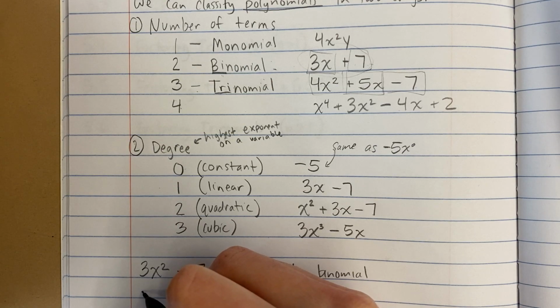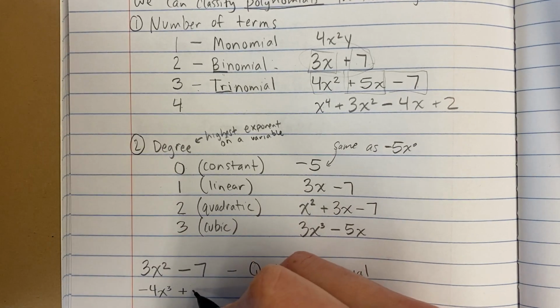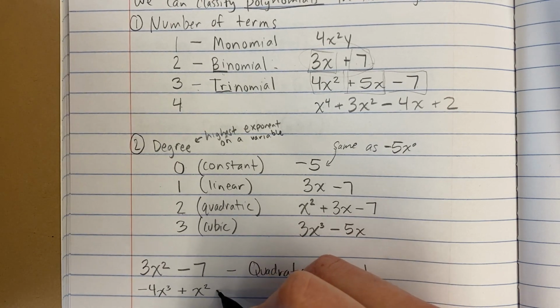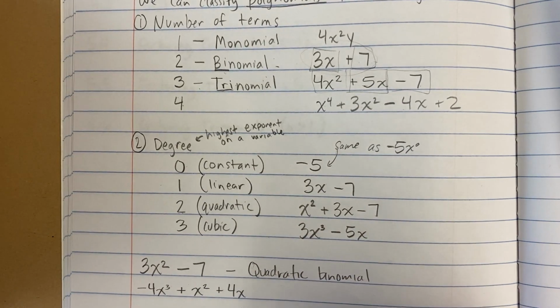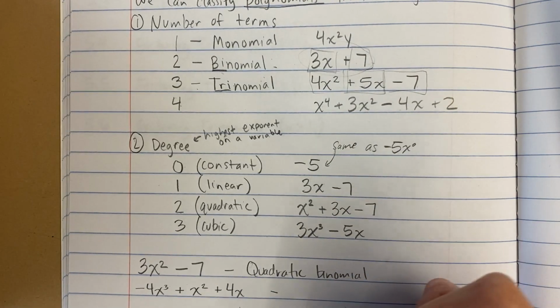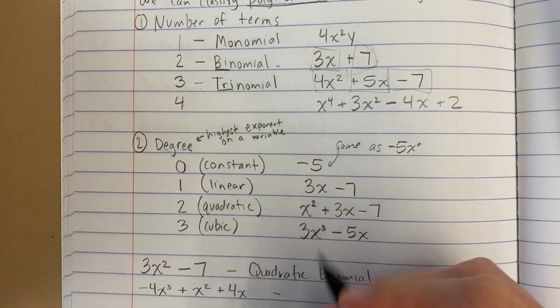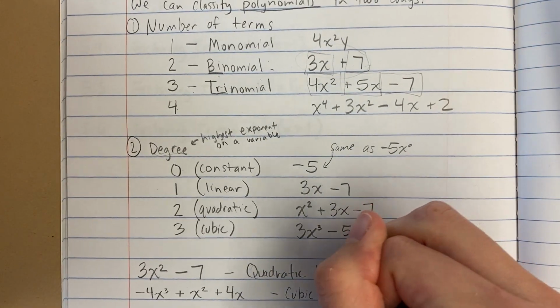If I have something like this, what would that be? Let's check the degree first. The highest exponent is 3. That makes it cubic. And it has 1, 2, 3 terms.